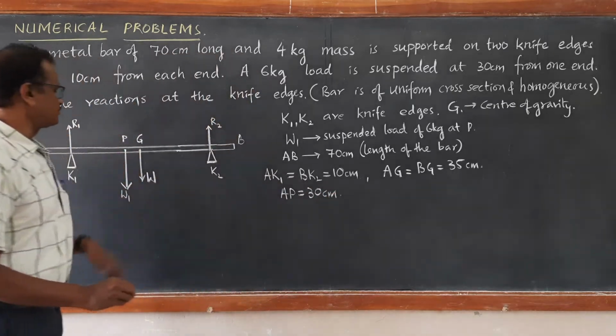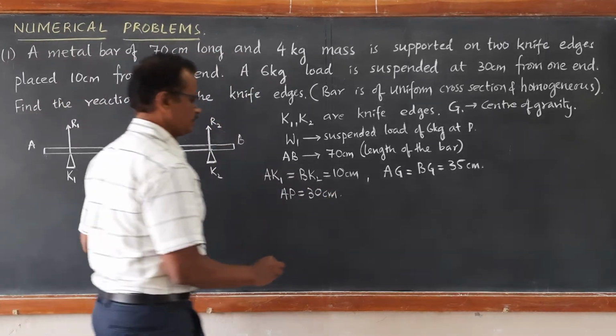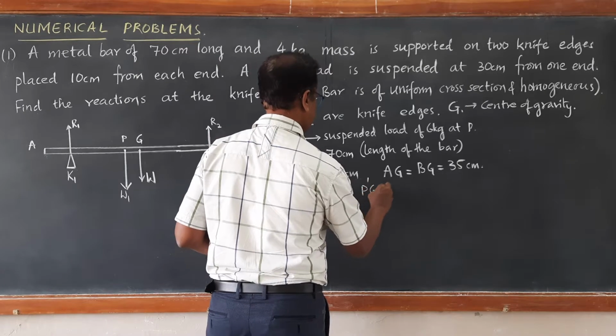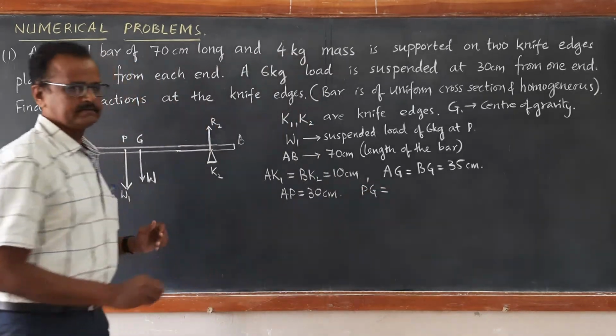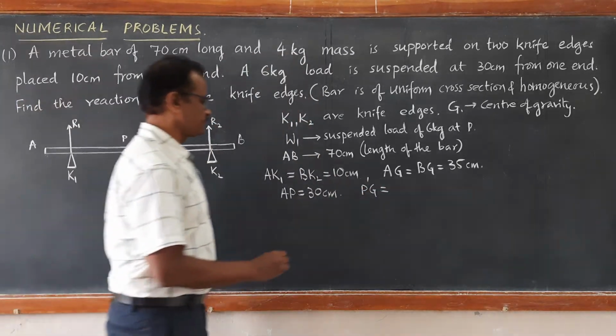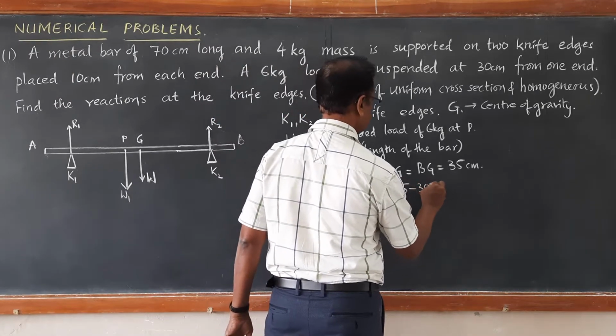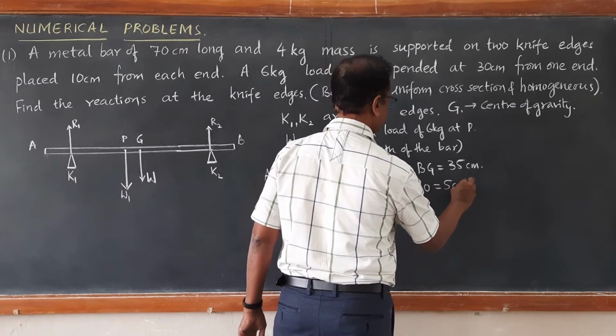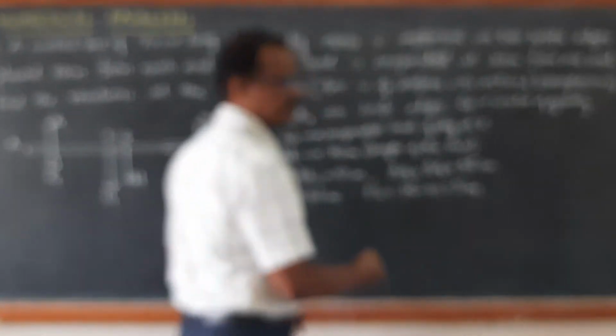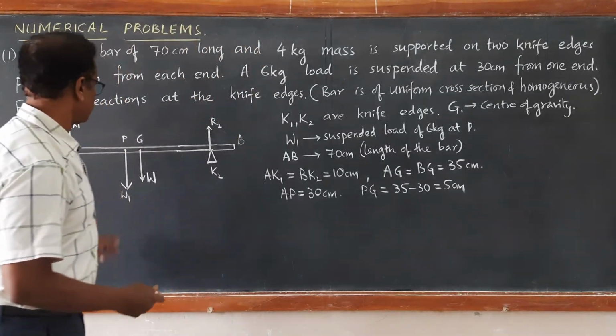With respect to the center of gravity, PG is equal to 35 minus 30, which becomes 5 centimeter. You can later convert it into meters.